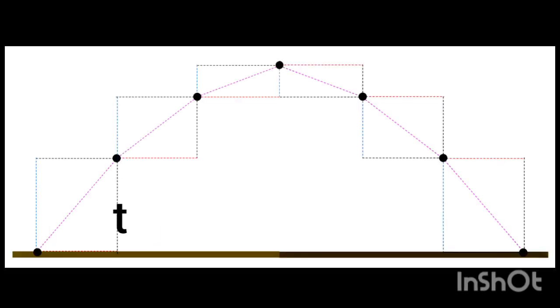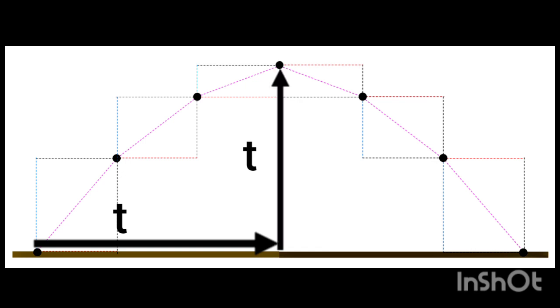The time taken by the projectile to cover half of the range in the whole parabola is equal to the time it took to reach the maximum height, and the time taken by this projectile to reach the ground is equal to the time it took to cover the other half of the range in the whole parabola.